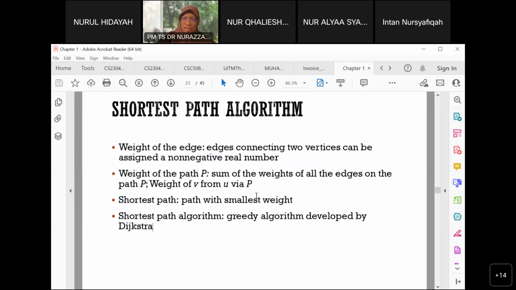Okay, so this algorithm, we will look into this algorithm that is developed by Dijkstra. Jadi nama algorithm ni dipanggil sempena nama this person, yang research ni, yang invent this algorithm, that is Dijkstra algorithm. So yang ni yang bawah ni, Dijkstra algorithm.